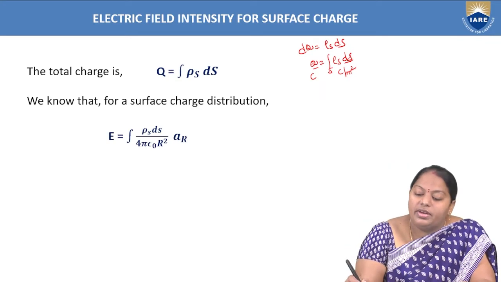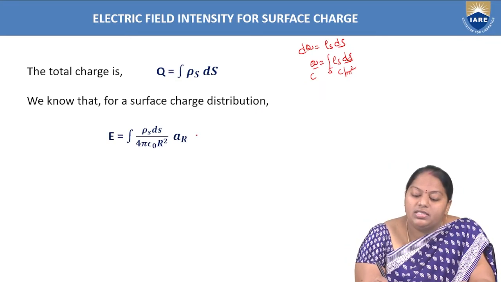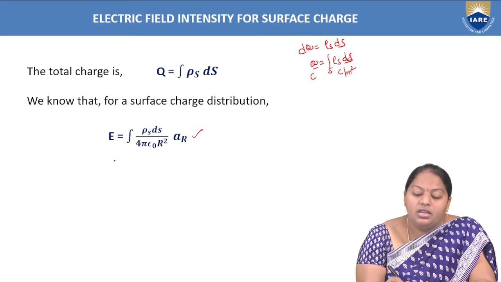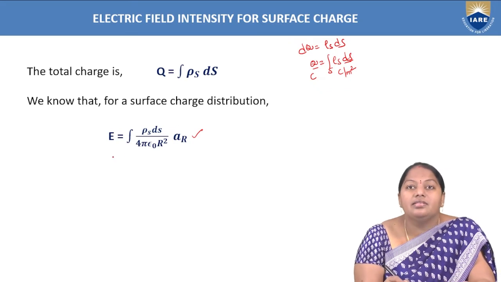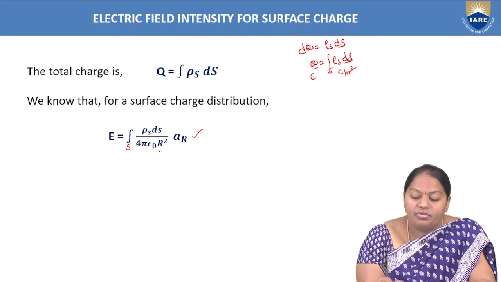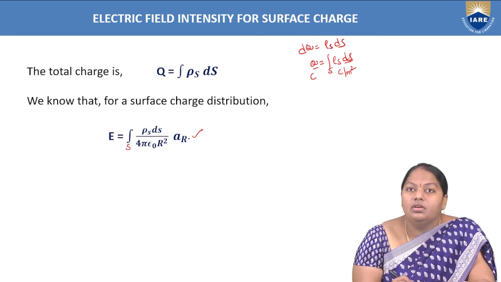So now in order to find this electric field intensity E due to surface charge distribution, we have to consider the equation E equal to integral S rho s ds by 4 pi epsilon naught r square into AR.